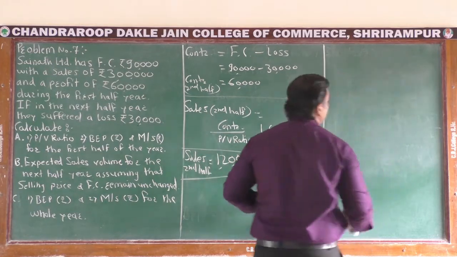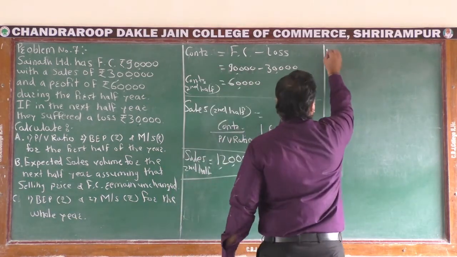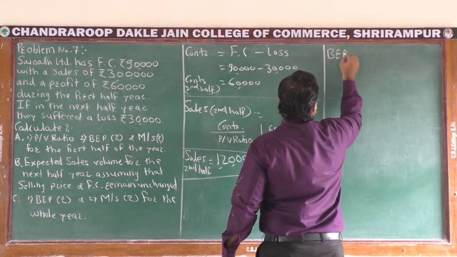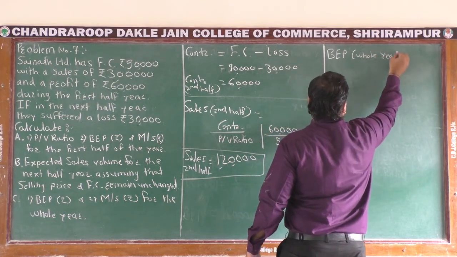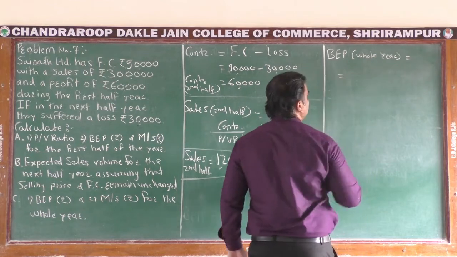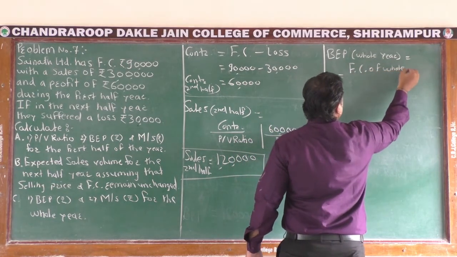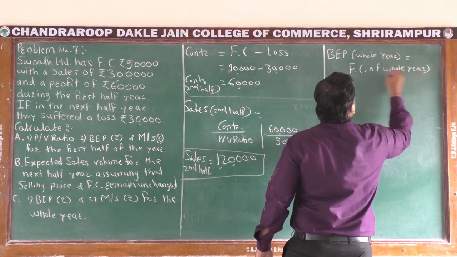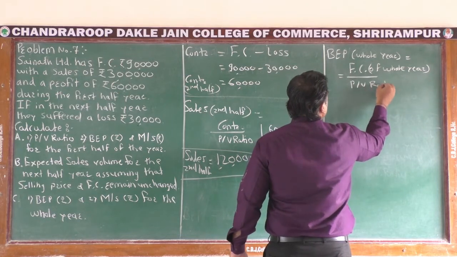BEP is equal to fixed cost upon PV ratio. So BEP of the whole year is equal to fixed cost of the whole year upon PV ratio.